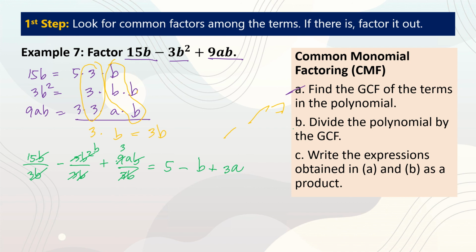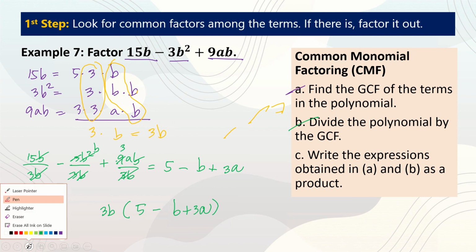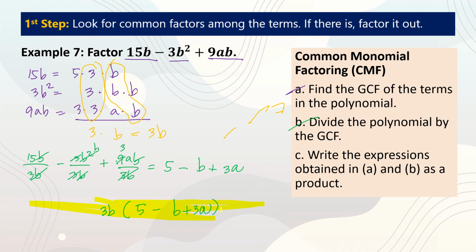As a final answer, we just have to multiply the GCF 3b times the quantity of 5 minus b plus 3a. The result is in step B. That's our answer, the factored form using CMF.